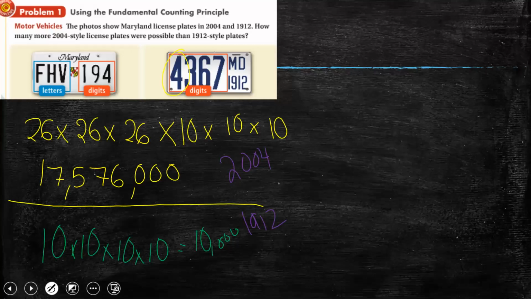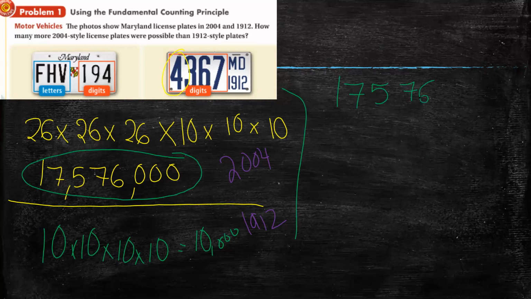The question is, how many more 2004 style license plates were possible than 1912? What do you have to do? You will subtract both of them. The answer will be this number minus this one here.